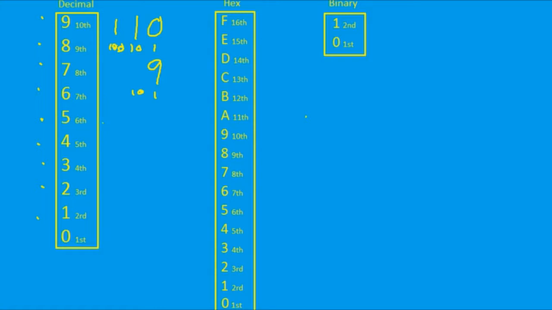If we don't have any tens, we could just do 0. 0 represents none, so that's 09, which is 9, right? But let's say we had 2 tens, then we'd have 29. And this goes on forever. If you get to 99, that means you have 9 tens and 9 ones.